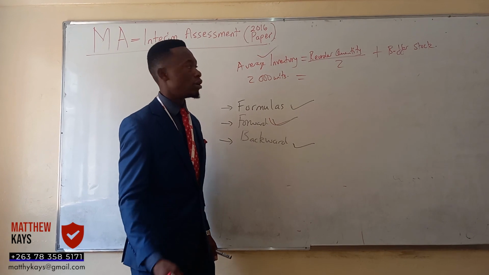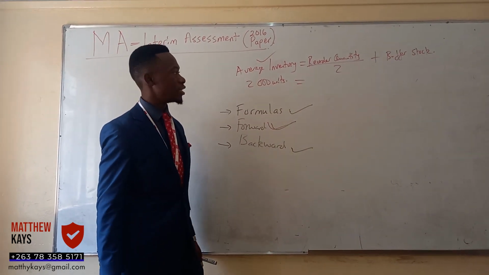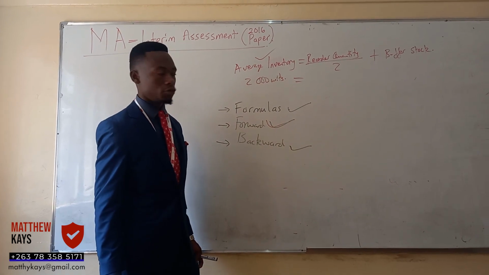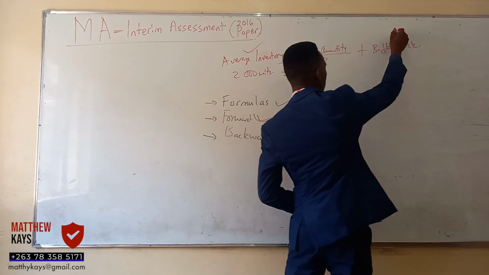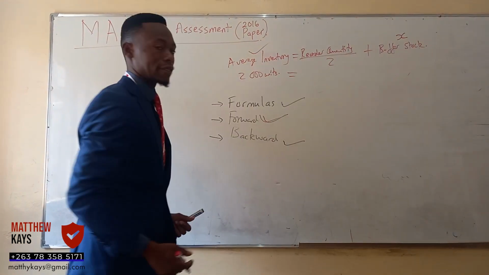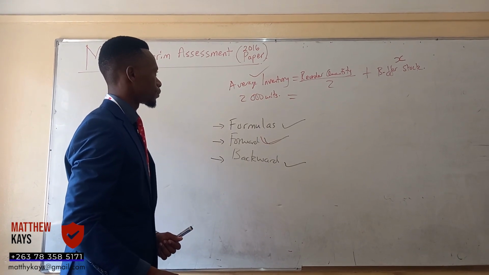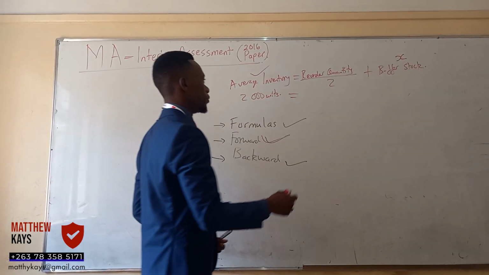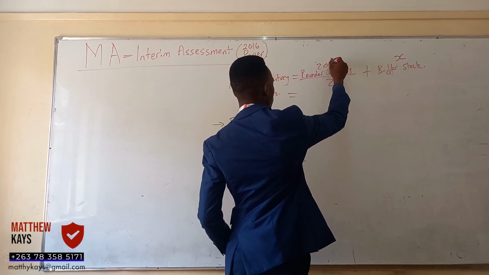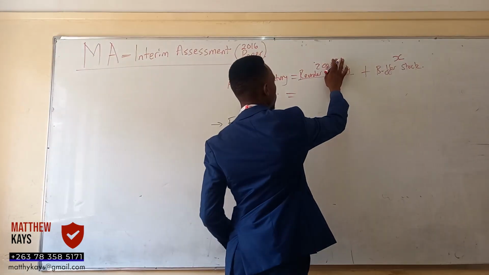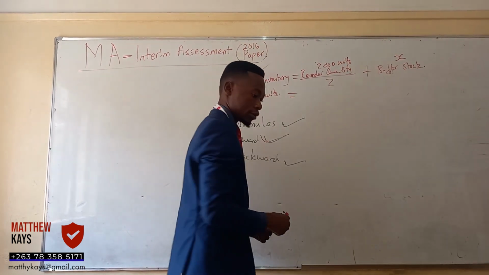For example, what if they say, can you calculate the buffer stock? If they want us to calculate the buffer stock, that will be X. Maybe on this one, the reorder quantity is 2,000 units.